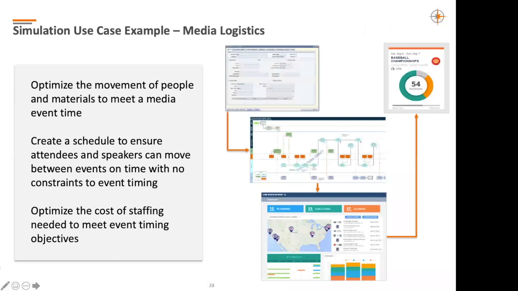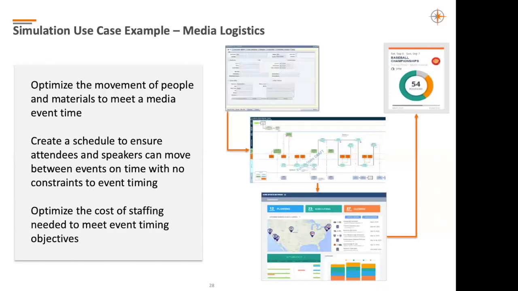Media, believe it or not, applies to being used for process simulation. If you think about a media event, whether it is the Super Bowl or the Olympics, it really is a flow of people and materials from one point to the other, all culminating in a single event.